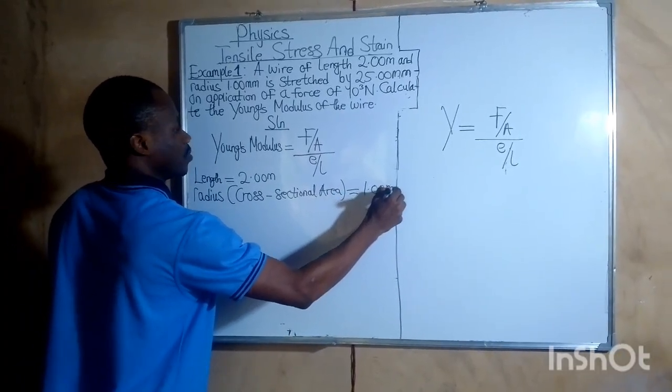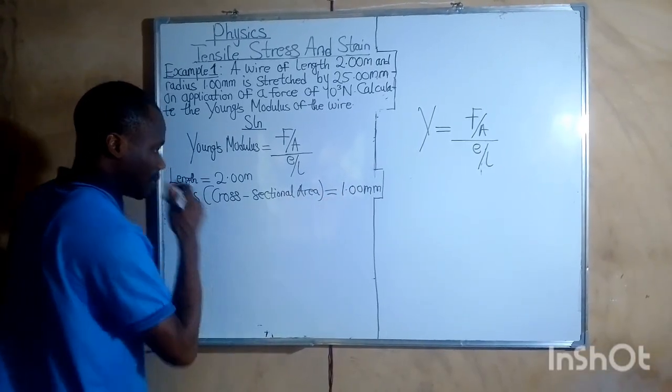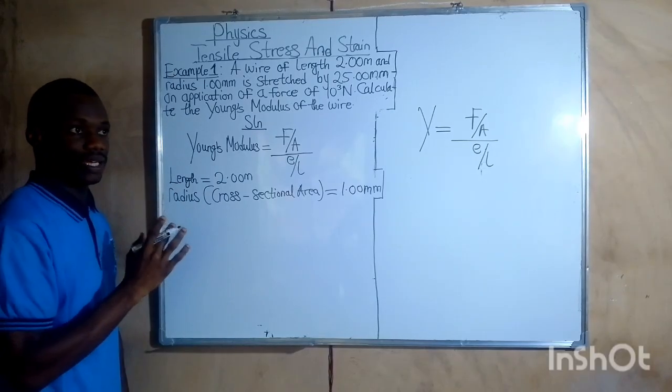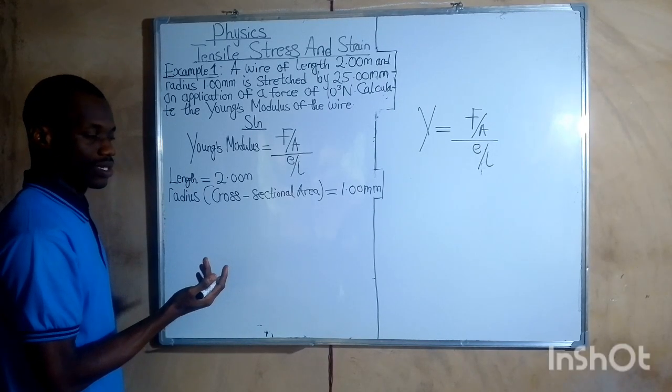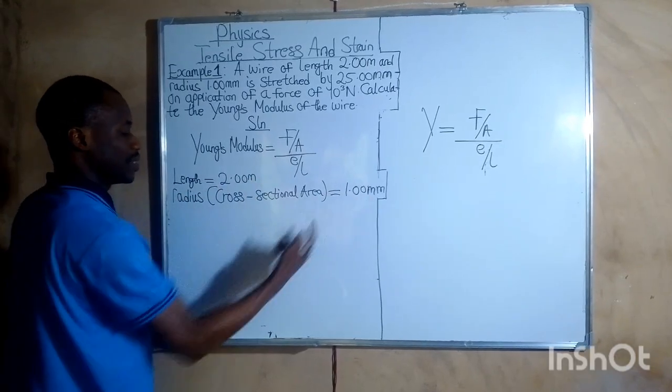The radius is 1.00 millimeter. Since we are making use of standard units, we'll base the unit on the meter, so this has to be in meter.